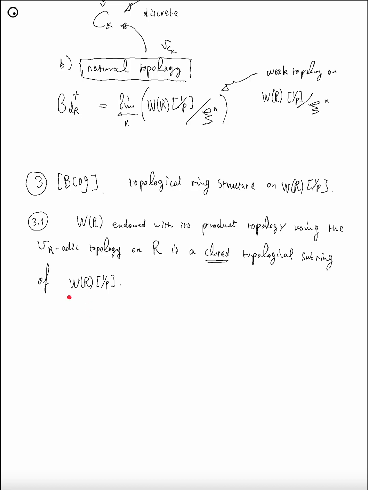I mean, if we know here it is complete, any convergent sequence has a limit, and then if this is a closed subring, then the limit must be in this subring if your sequence is arising from this subring.